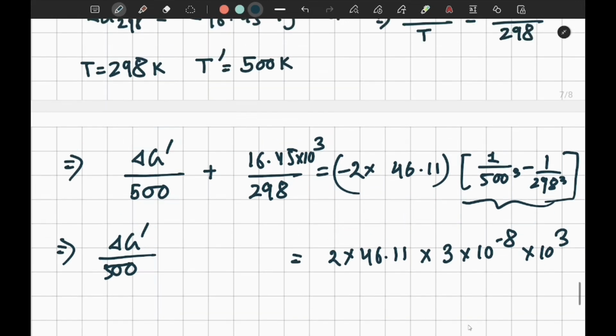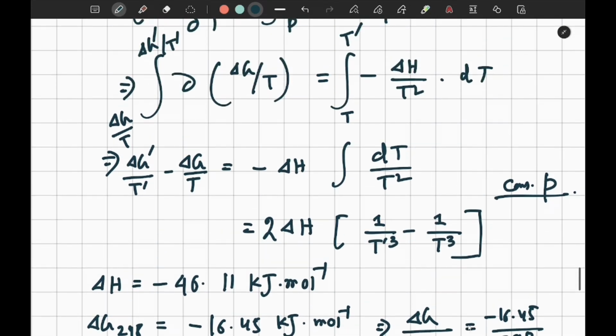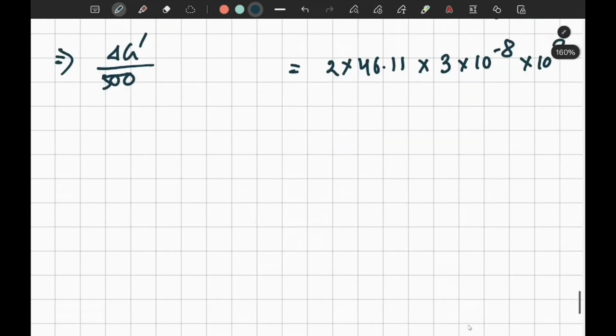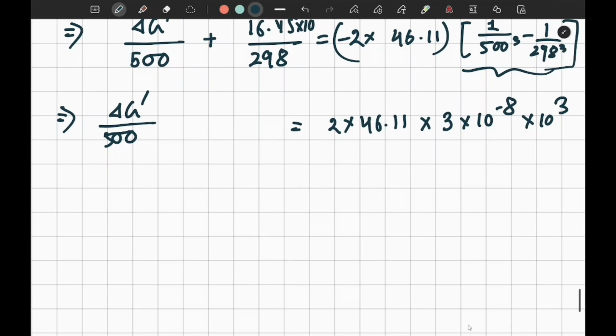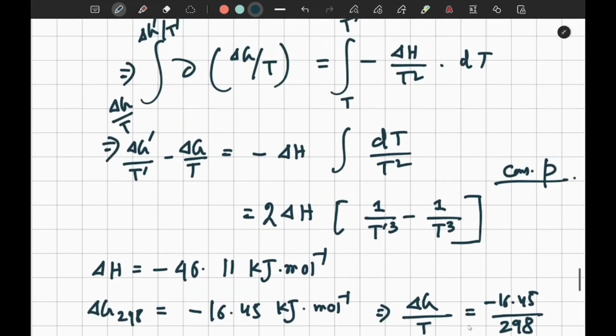I'm not wrong. I think it's correct. If there is any mistake, correct me in the next class. I'm just trying to solve this type of question because this is not a very regular, straightforward question.